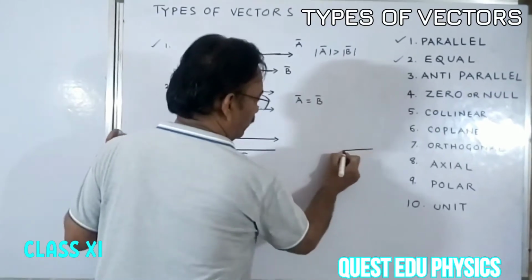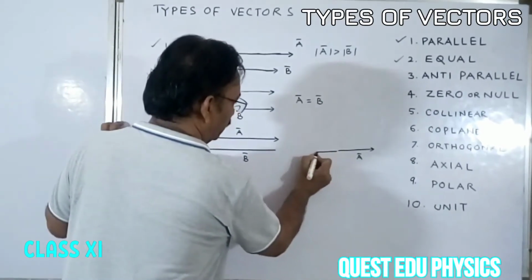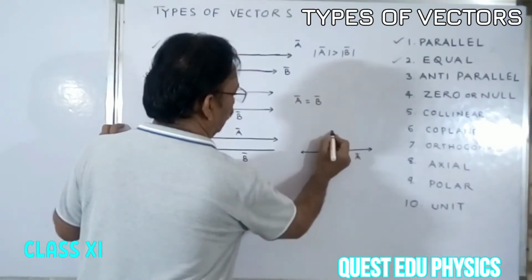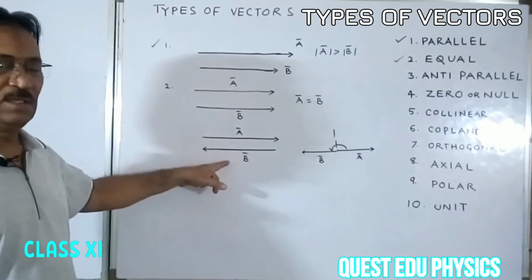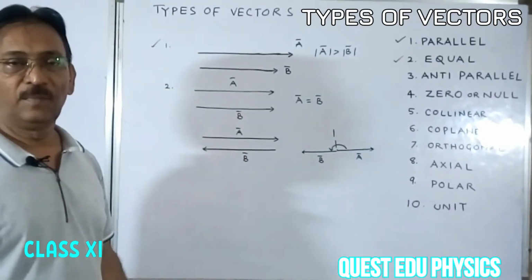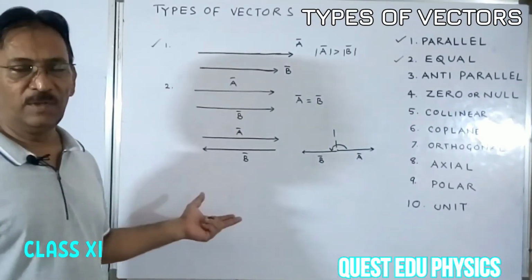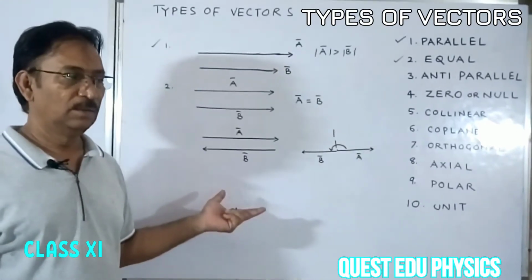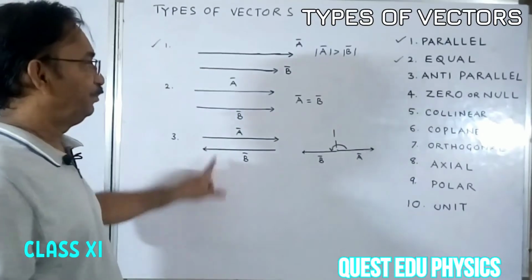If I put the A vector here, and I transpose it and put it here, the angle between the two is 180. If the angle between the two vectors is 180 degrees, we call those vectors antiparallel. There is no need for equality between them; one may have more magnitude than the other. We completed that, the third type, antiparallel.